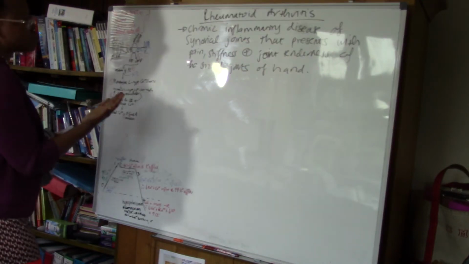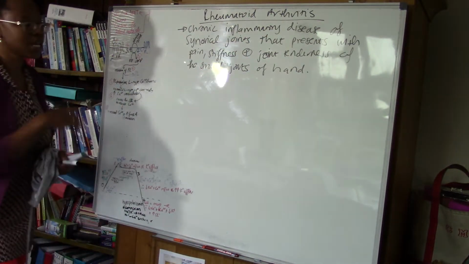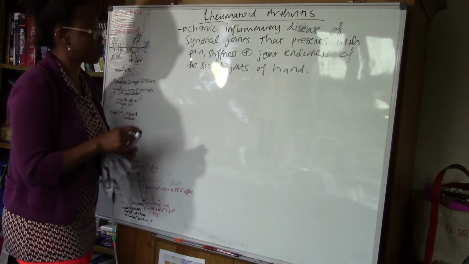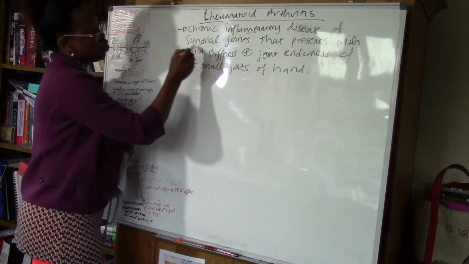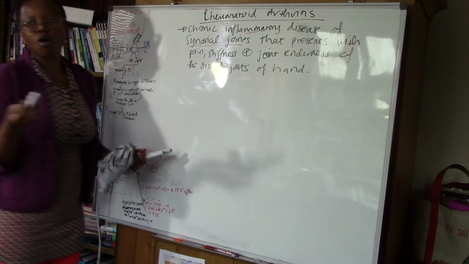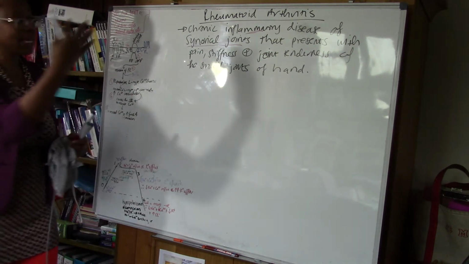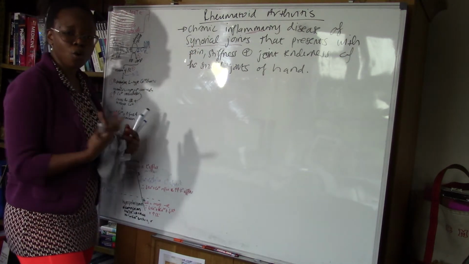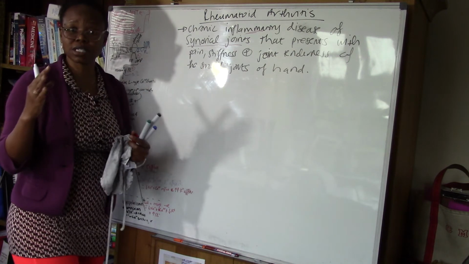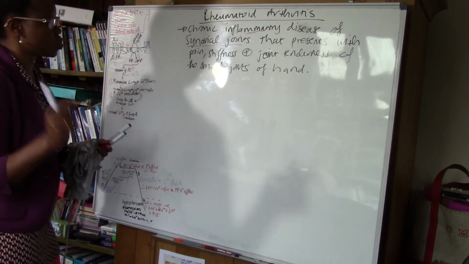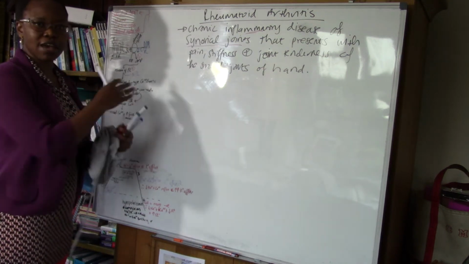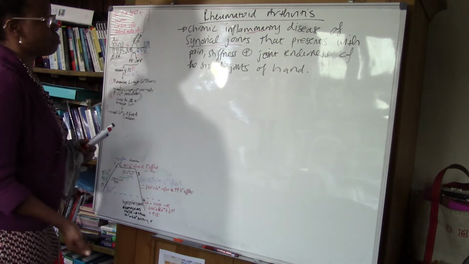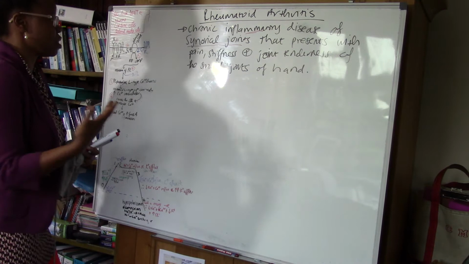So in terms of looking at it as a chronic inflammatory disease, it tells us that there has to be an underlying inflammatory process going on there, and it commonly affects synovial joints. However, it can have extra-articular features, such as pulmonary nodules, which I discussed when I was discussing interstitial lung disorders, where I talked about having rheumatoid nodules in the lungs, leading to a restrictive breathing pattern.